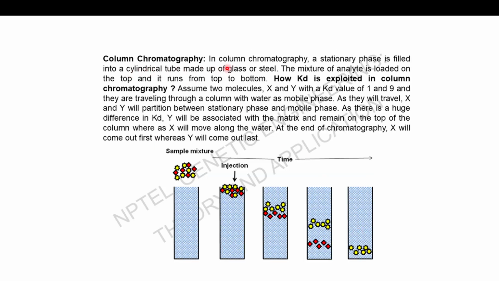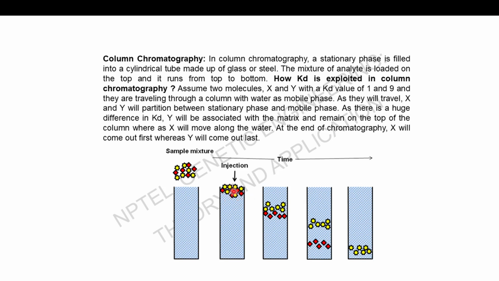Now, in column chromatography, what happens? A stationary phase, the matrix here, is filled into a cylindrical tube made of glass or steel. And the mixture of analyte or your sample is loaded on the top. This is the sample mixture, and it runs from top to bottom. Now, how is the distribution coefficient exploited?